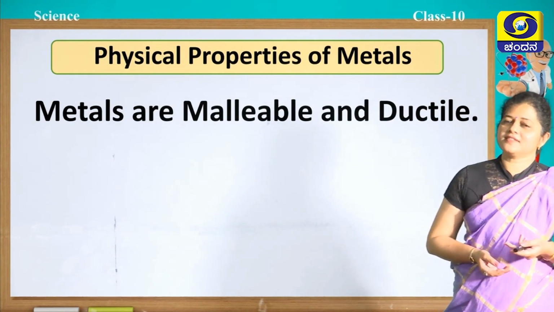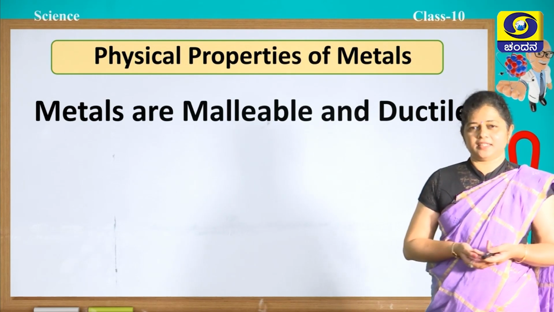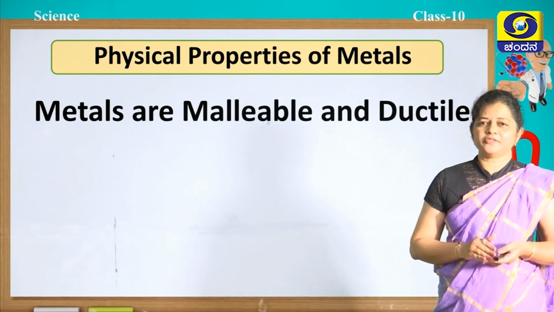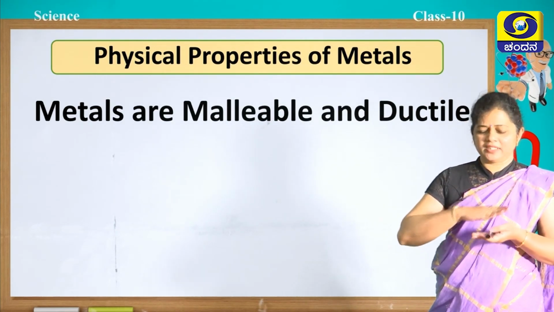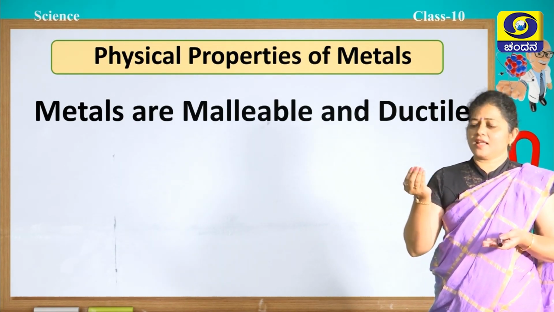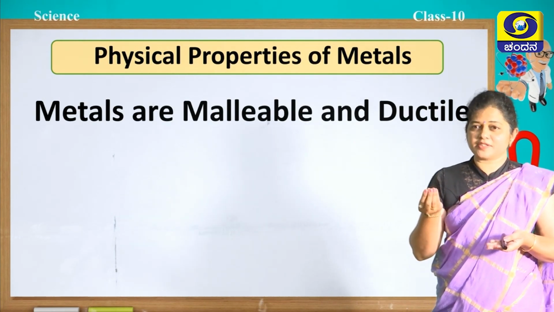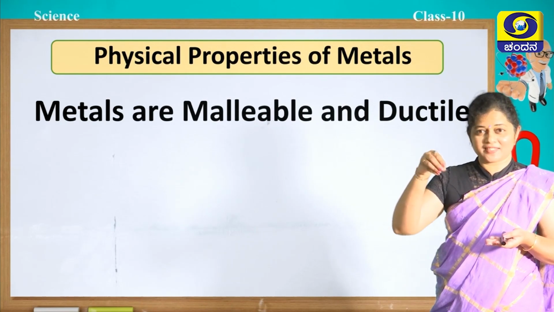And all metals are malleable and ductile. Now, what do you mean by malleability and ductility? So, malleability is the property of the metal where it can be beaten into thin sheets. You would have seen silver strips on sweets, right?